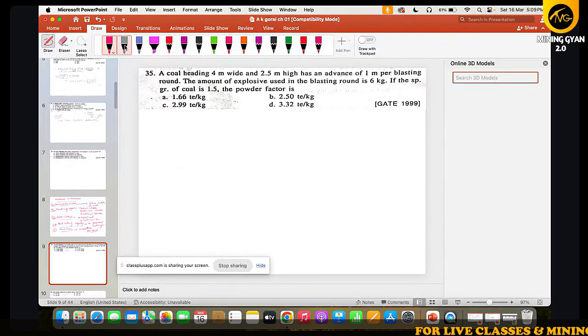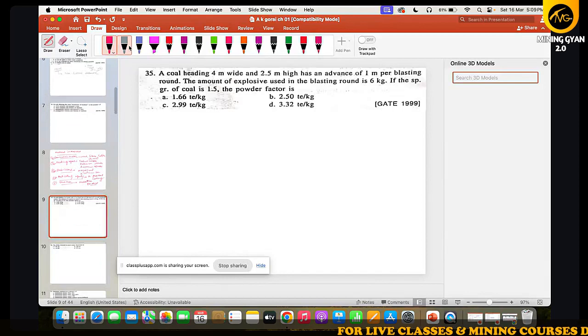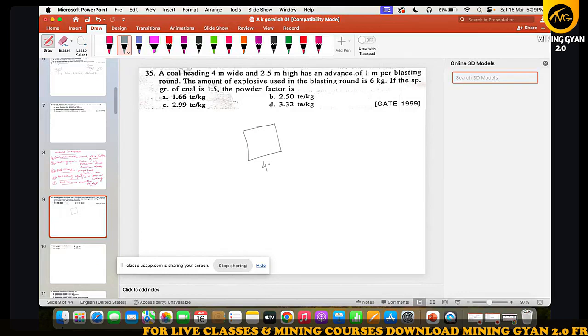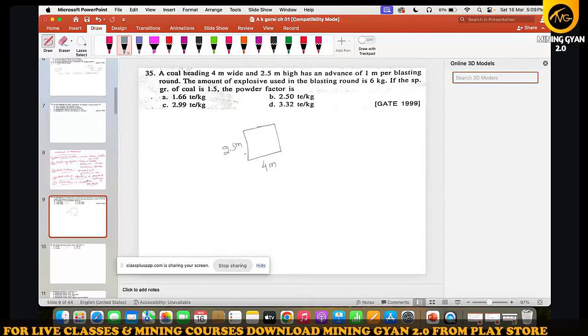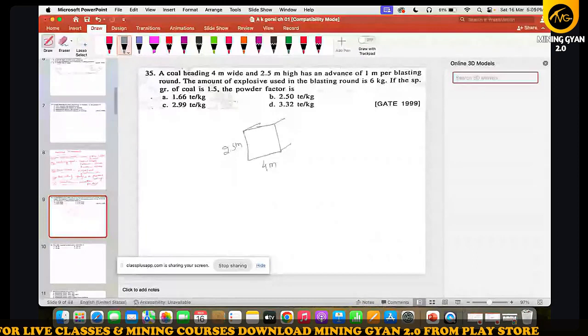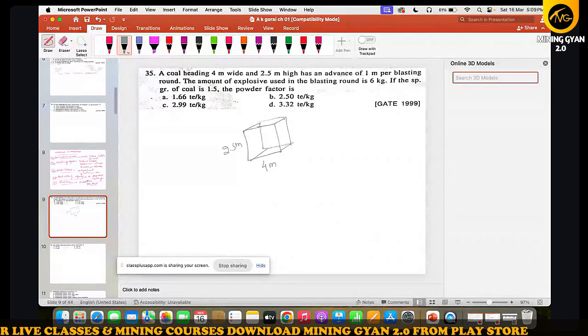Okay, so suppose that you have a heading in the face which is 4 meter width, the height of the coal face is 2.5 meter, and the advance means you go heading, it will cut your face.